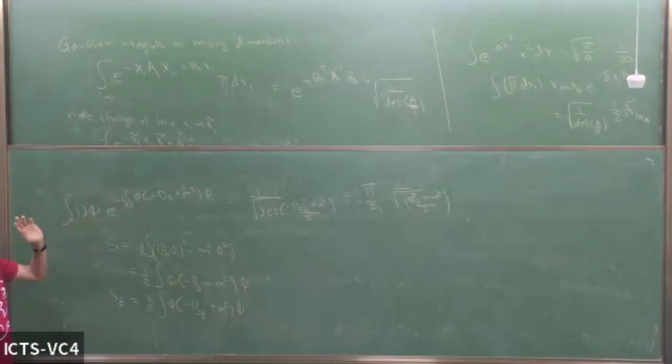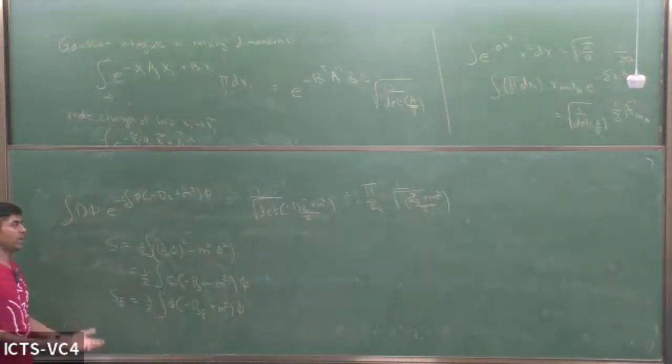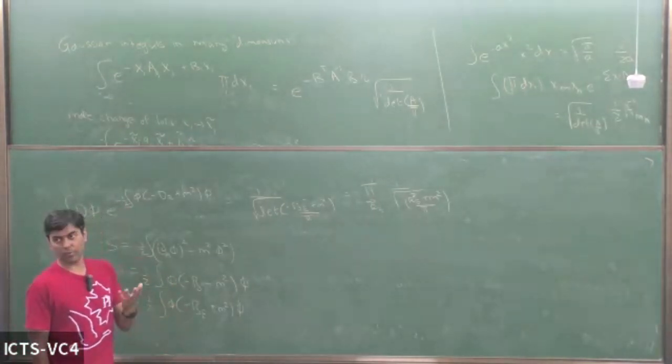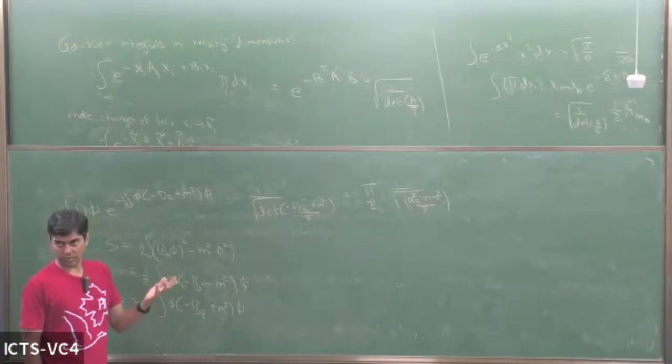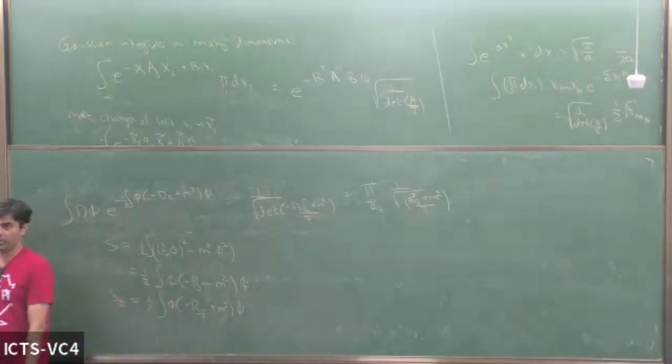Okay. So for the purposes of what we are doing right now, we don't have to be careful about how to regulate it. Sometimes you do have to be careful about how to regulate this determinant, but those discussions are beyond the scope of what we are talking about.